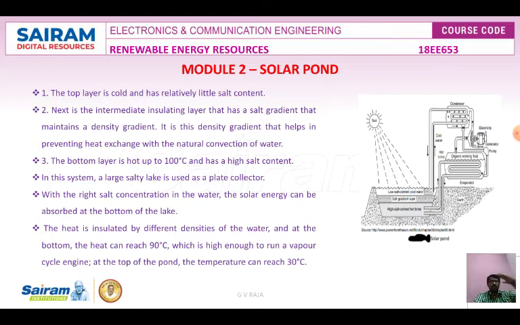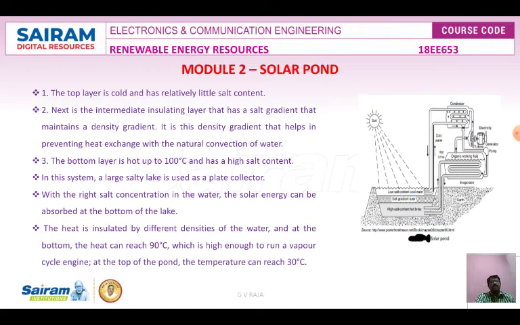The top layer is a cold one, with a little salt content added. The next intermediate layer is an insulating layer, in which a salt gradient is maintained based on the density gradient. And the bottom layer is a hot layer, maintained at 70 to 100 degrees Celsius, in which high salt content should be added.